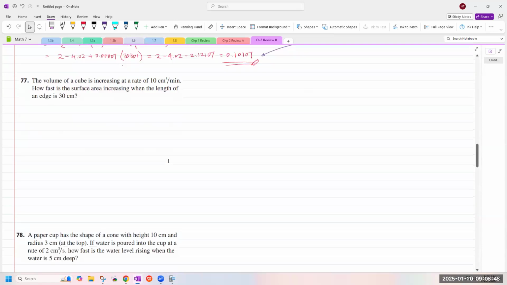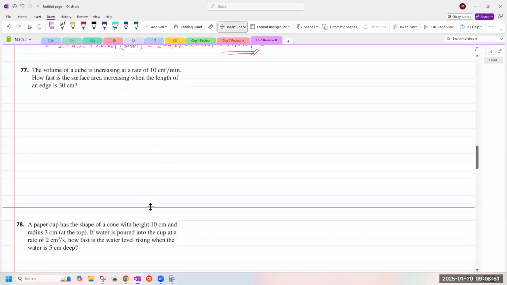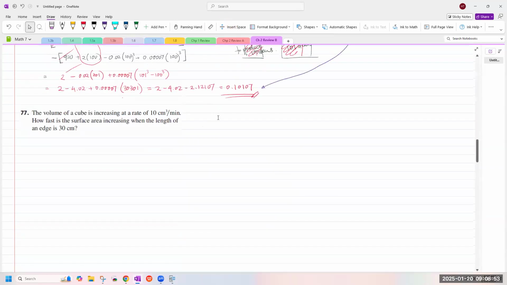Number 77. The volume of a cube is increasing at the rate of 10 cubic centimeters per minute. Oh, okay. So the volume of a cube with side a, let me use a. So let's say we have a cube, try to visualize that, right? We know that the volume is a cubed, right?